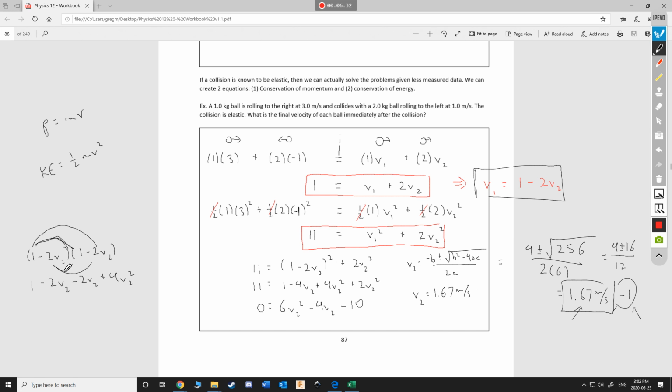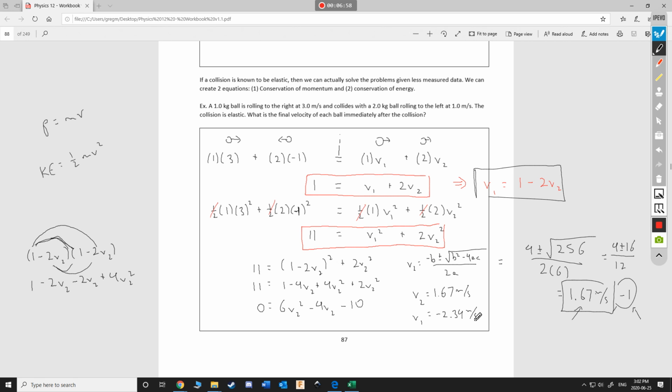Now if I take this value and plug it into either of my other equations, so 2 multiplied by this answer, 1.67, or I can keep more digits, multiplied by 2, I have 1 minus that value. So we actually get v1 is equal to negative 2.34 meters per second.